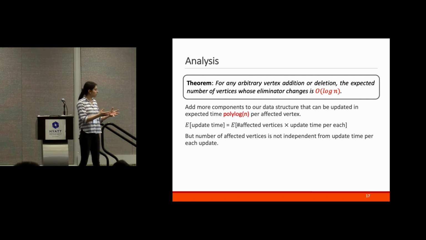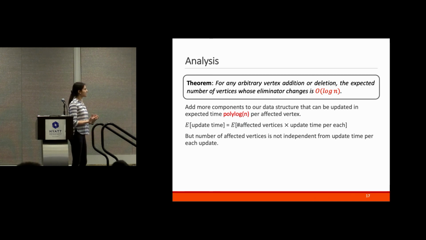But we also need to show that for any of these vertices, we don't change our graph significantly. So we show that we can add some other components to our data structure in a way that we can update it in polylog n per affected vertex. An affected vertex is a vertex whose eliminator changes.